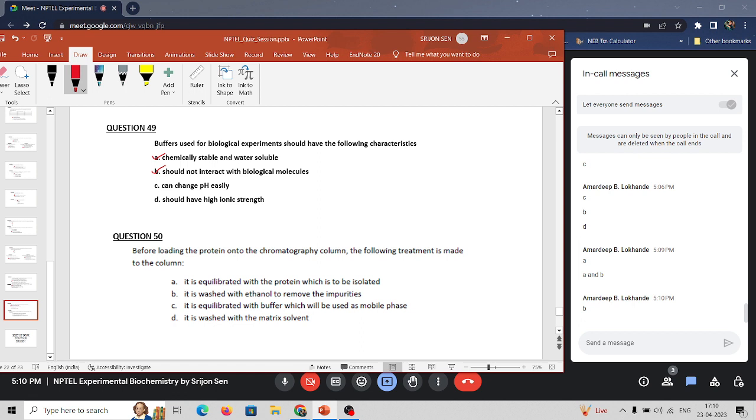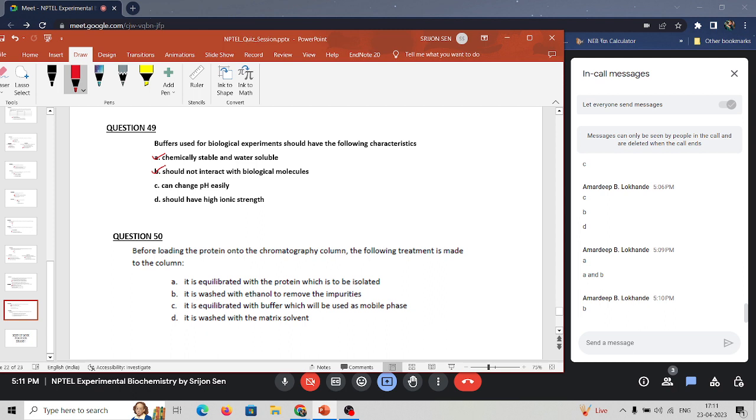So just before the loading of the protein, you do not wash it with ethanol. You do it before starting an experiment and after completing the experiment, and then you wash it with water. So first you wash it with ethanol, say, then you wash it with water, and after that what do you do? Just before loading your protein.